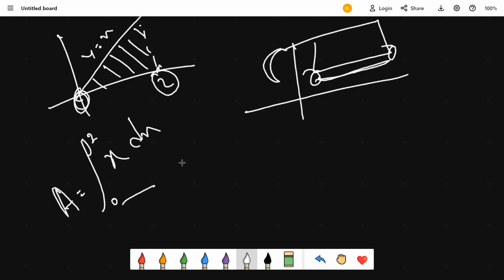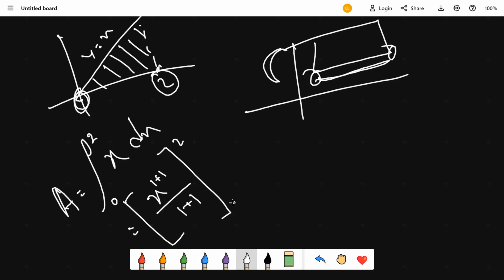If that's the case, then we can simply do the integration first. So integrating this x gives us what? The power of x increases, so x to the power 1 plus 1, divided by 1 plus 1. Now, one thing to consider, we are not going to write any constant c here. We are just going to give square brackets, and we're going to place the limits at the very right of the square brackets.